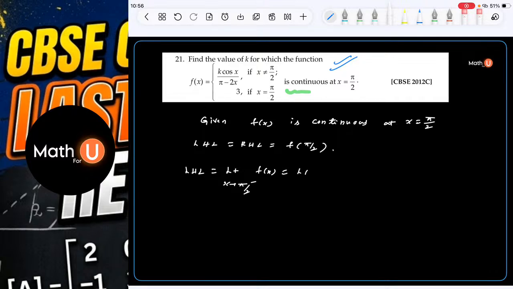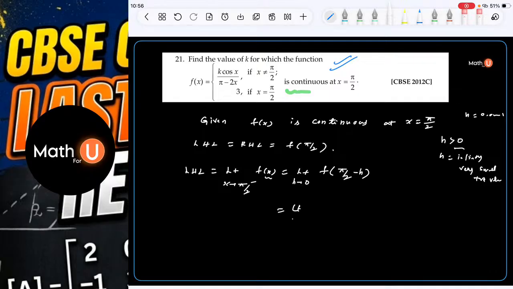If I convert this in terms of h, limit h tends to 0, f of, wherever x is there, replace with pi by 2 minus h. h is nothing but a positive value, h is greater than 0, an infinitely small positive value. You should remember it is always greater than 0, that means you can consider h as 0.00 something 1.